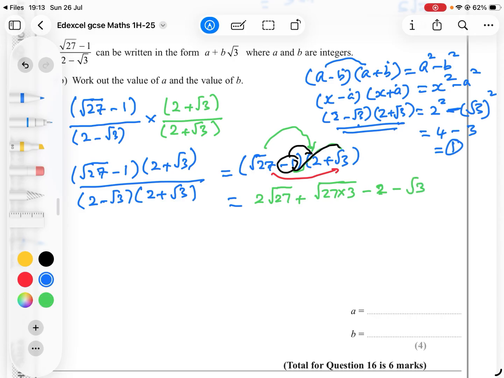Now we need to simplify this. 2 times root 27, better write root 27 using one square number: 3 times 9. Always you must have one of the numbers as a square number. 9 is a square number. 9 times 3, plus root of 27 times 3, square root of 81, take away 2, take away square root of 3.